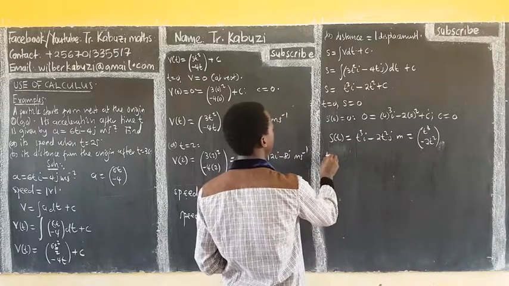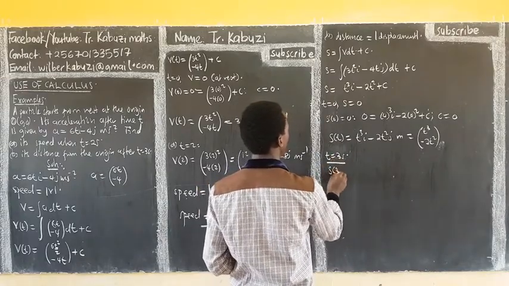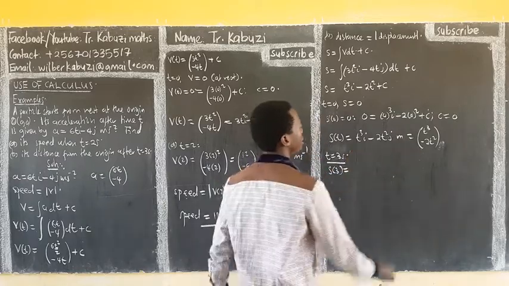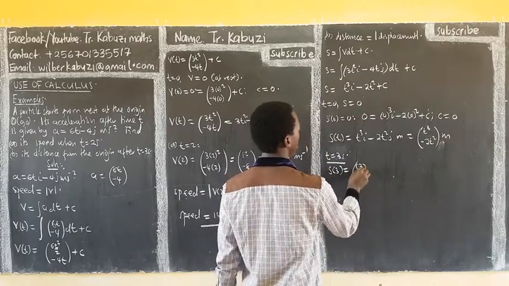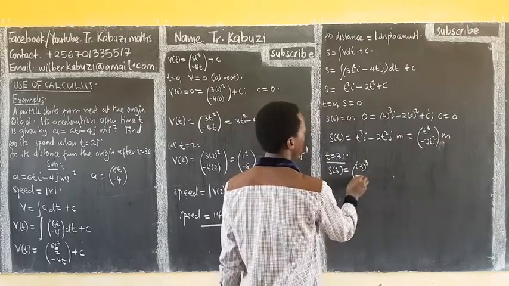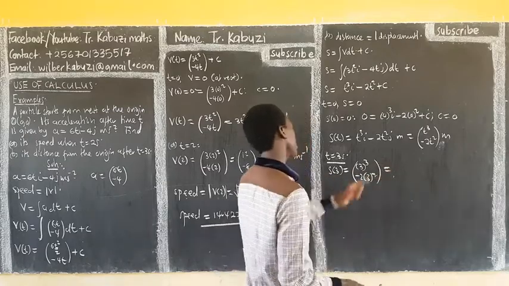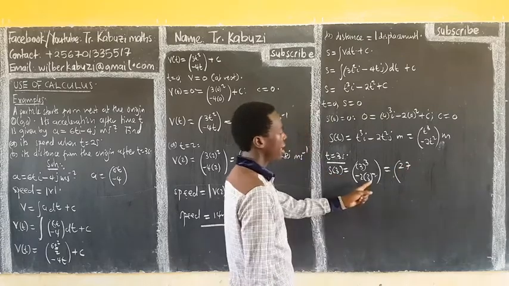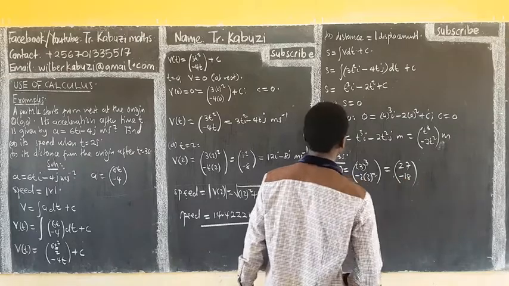S of 3 is going to be 3 cubed minus 2 into 3 squared; you can substitute here or here. 3 cubed is 27. Then 2 times 9 is 18, so negative 18.